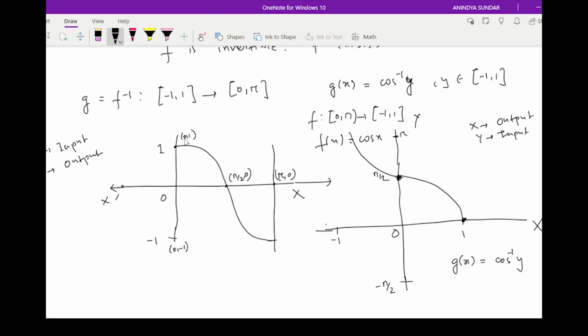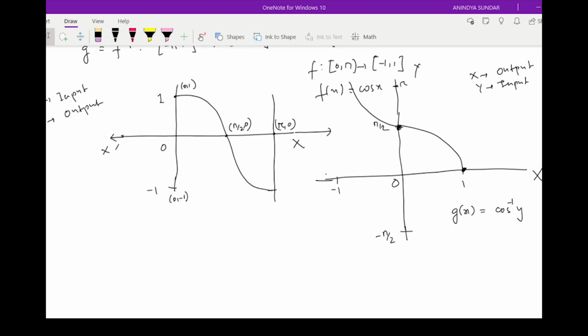I have simply exchanged the x and y axes. After that I have got this particular graph. So now I will try to highlight some observations from these two graphs. You can see the function f(x) equal to cos x, from 0 to pi, has decreased.